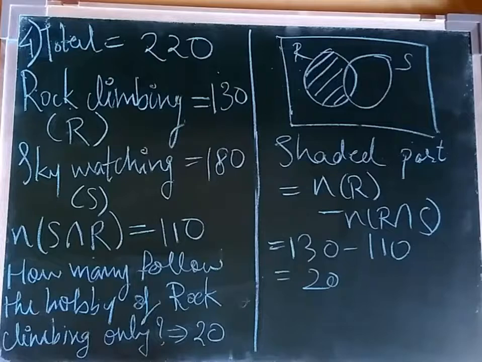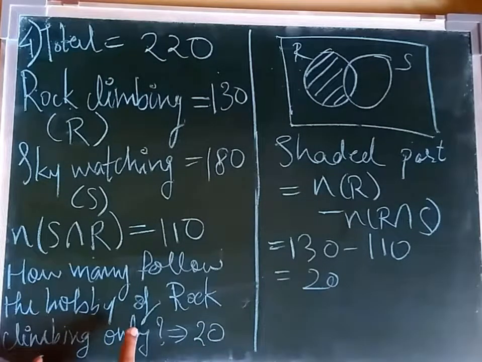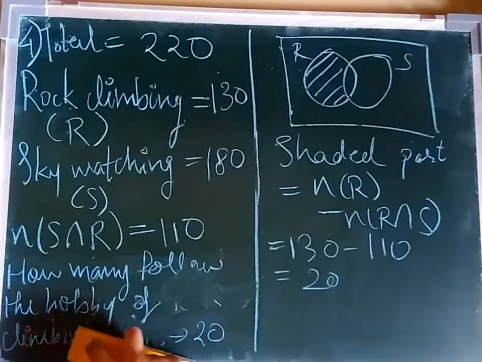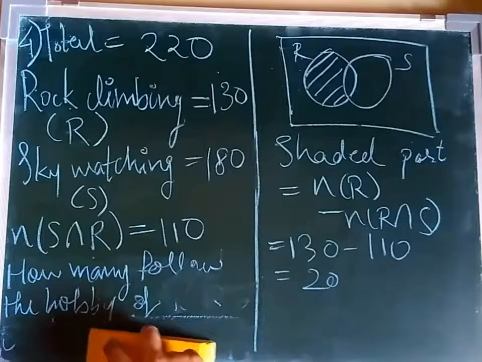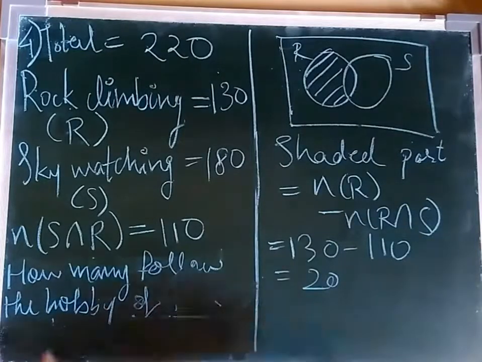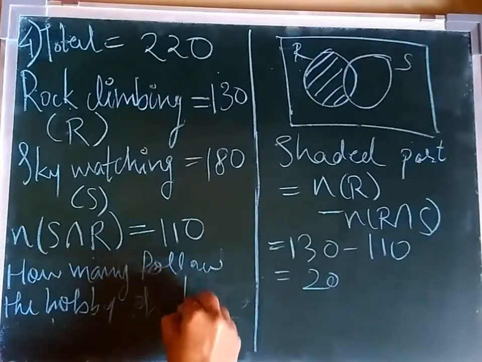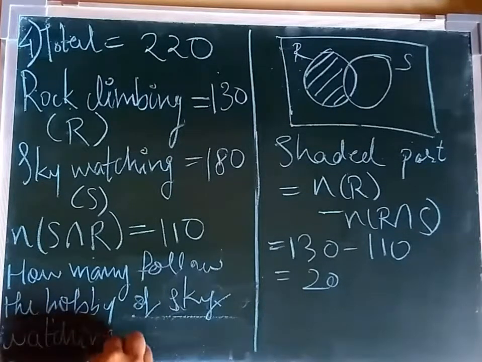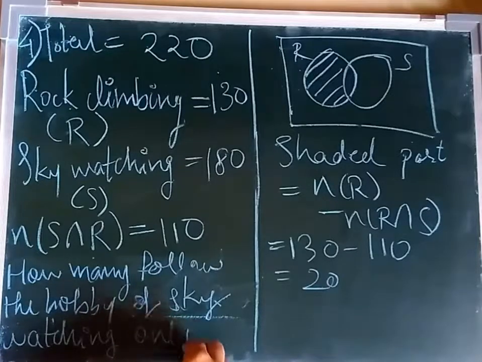Now the third part is just like we found for rock climbing only. In the third part of the question, we need to find the students who follow the hobby of sky watching only. That means S. So how many follow the hobby of sky watching only?